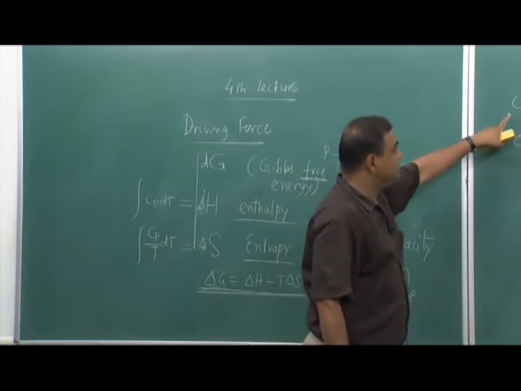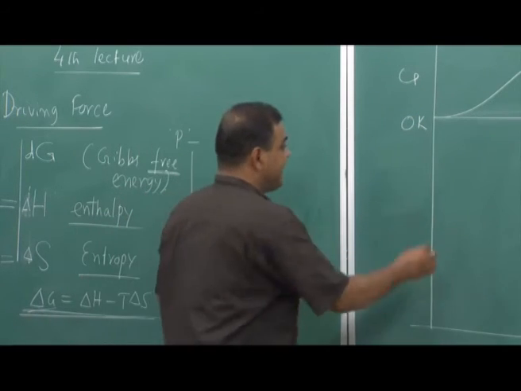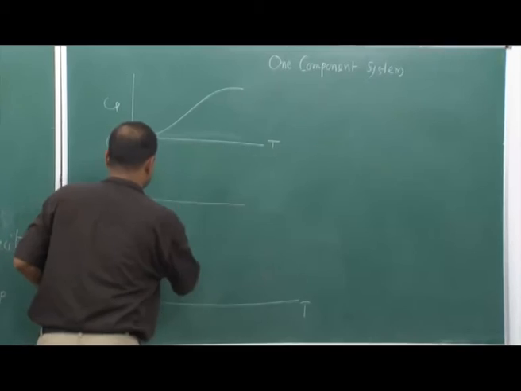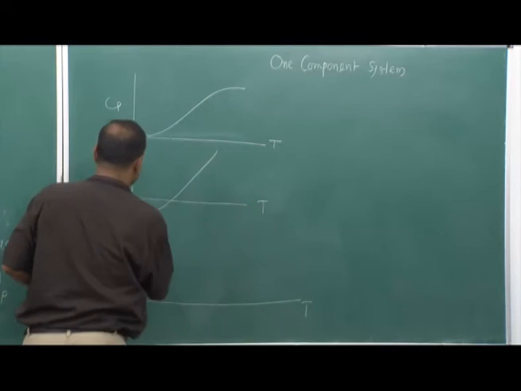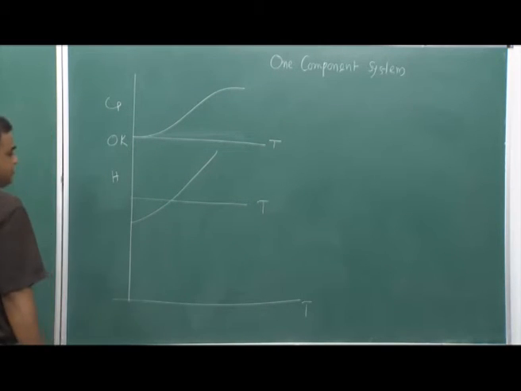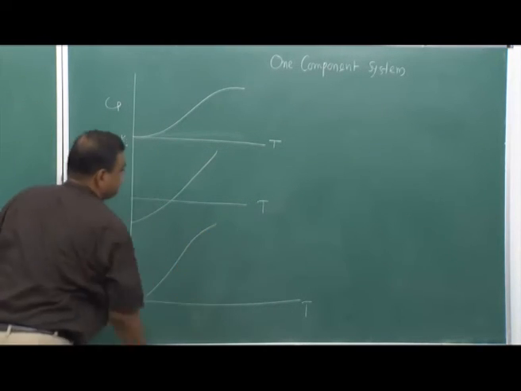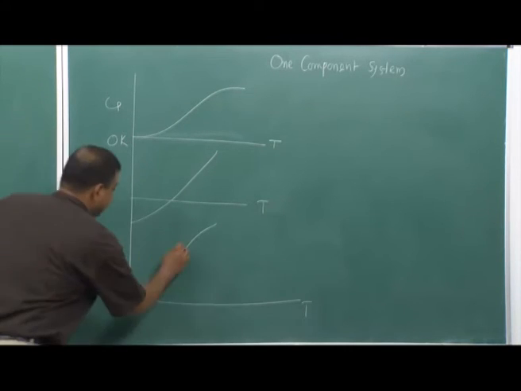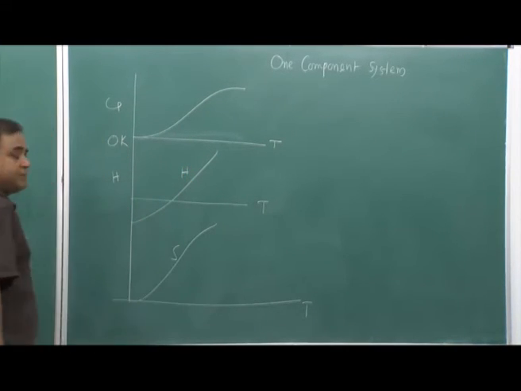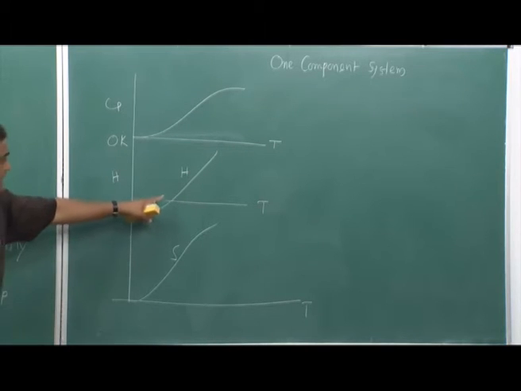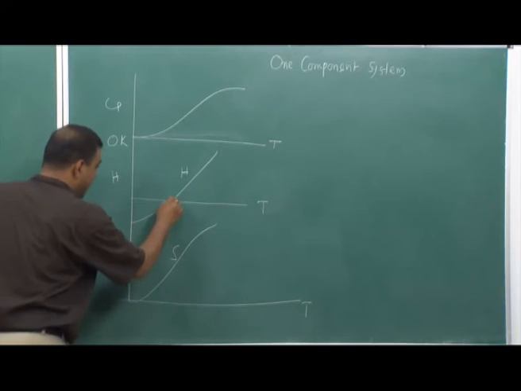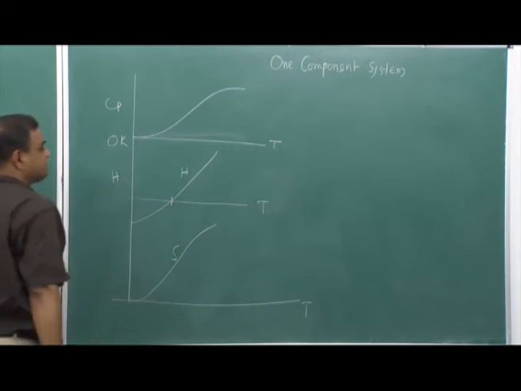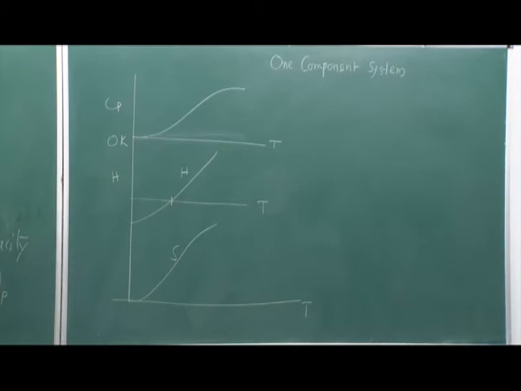Now, if we have Cp variation like this, then enthalpy varies like this. This is H, this is temperature again, and entropy varies like this. So, this is S, this is H. Now, this H is crossing the temperature line, and when it crosses, it takes a value of 0.